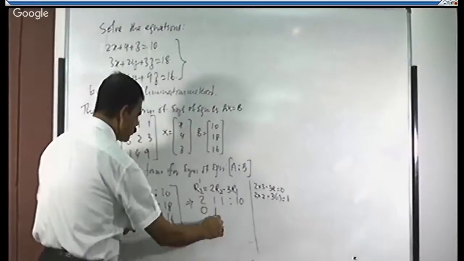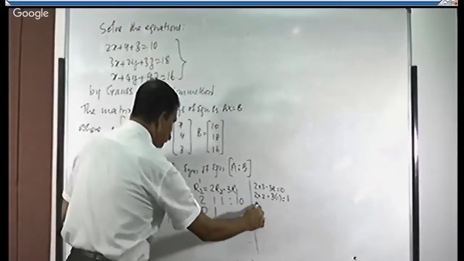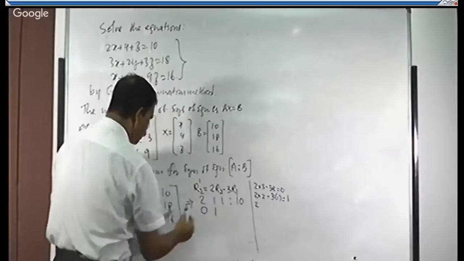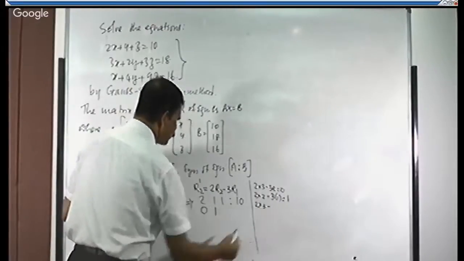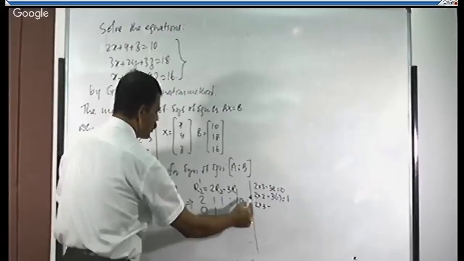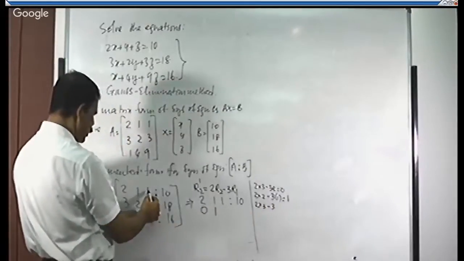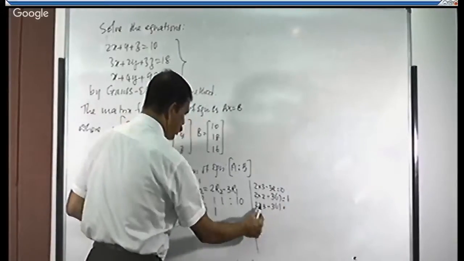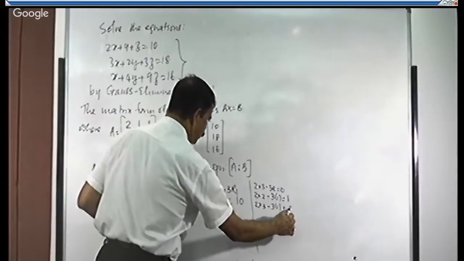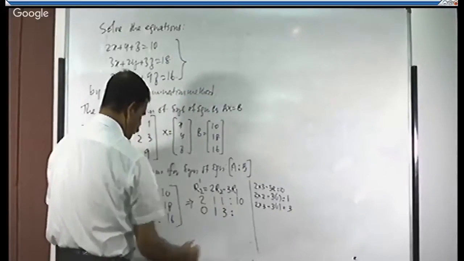So this becomes 1. Next, apply for 3. 2 times R2, R2 is 3, minus 3 times R1, whose corresponding element is 1. 2 into 3 is 6. 6 minus 3 is 3. So this becomes 3.